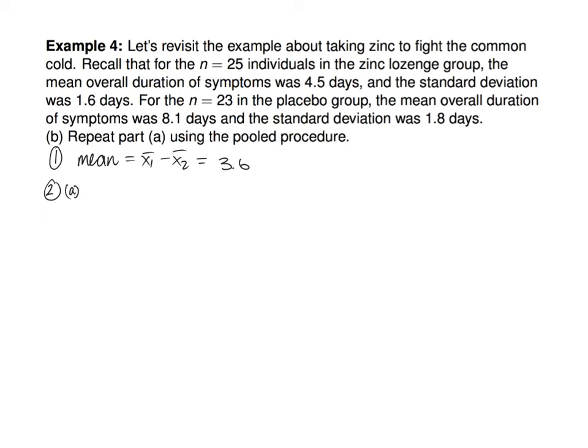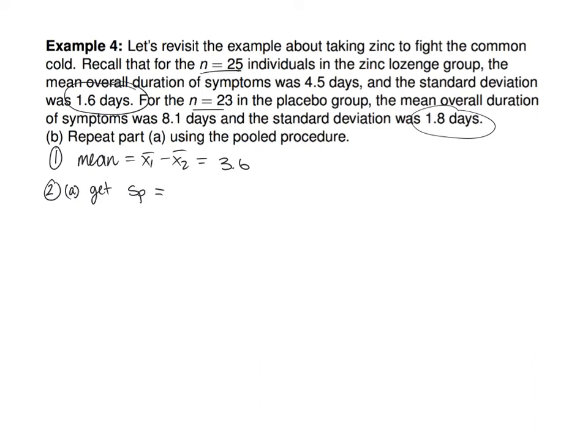So second step of part A is to get SP, the pooled sample standard deviation. One reason it's reasonable to use the pooled procedure here is the standard deviations are awfully similar, 1.6 versus 1.8. What we're doing here is kind of a weighted average. This average will actually end up being 1.6 plus 1.8 over 2, but that's because these sample sizes are awfully similar.